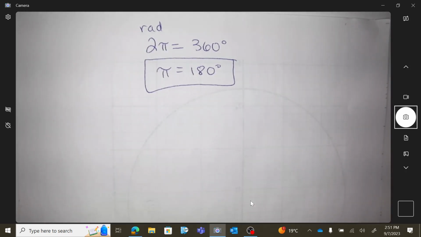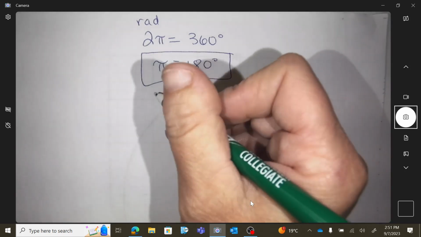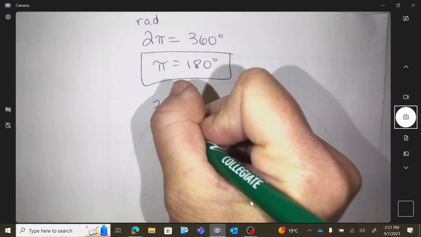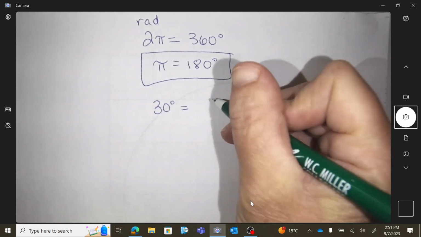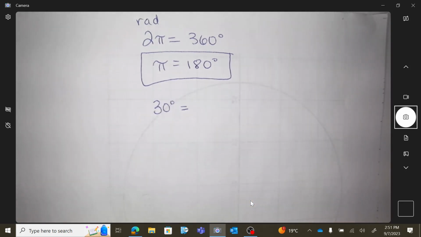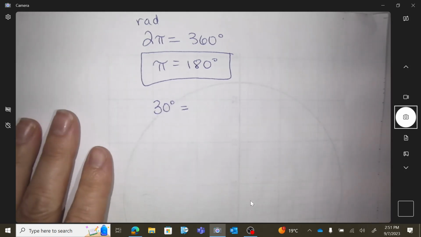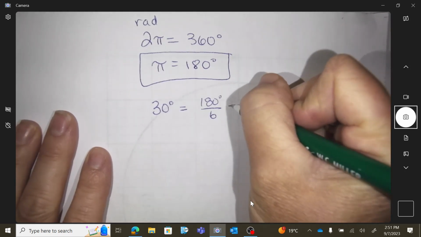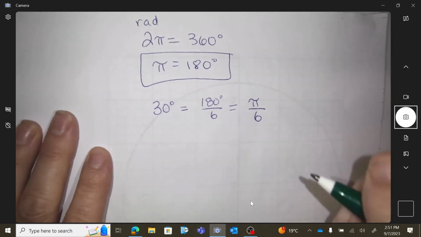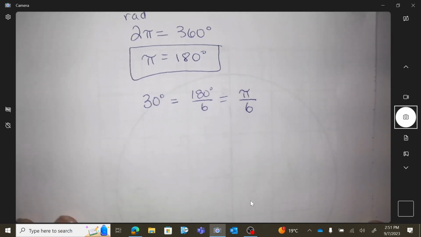So pi is the same as 180 degrees. So let's talk about the unit circle. 30 degrees: 180 is divisible by what? What would you have to divide 180 by to get 30? 6. So in radians, that'd be pi over 6.